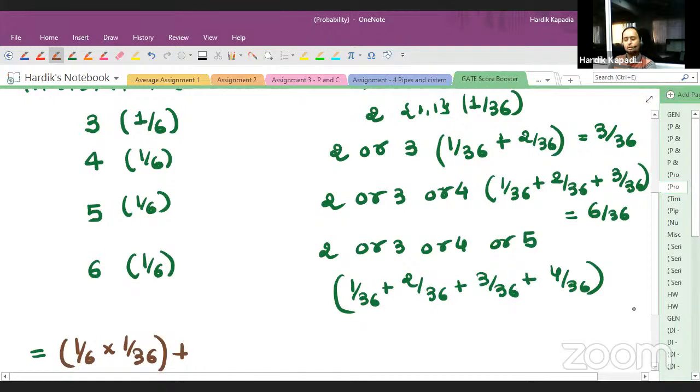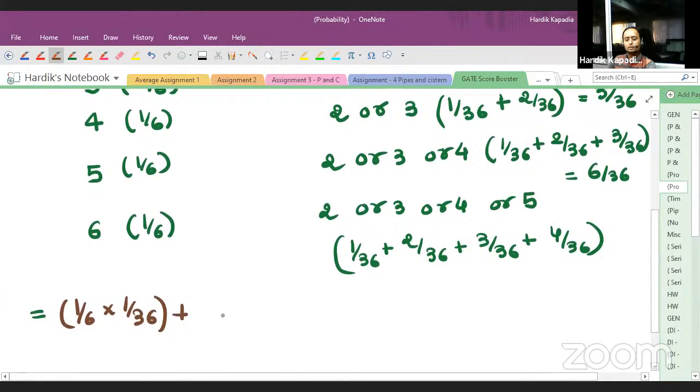Or we'll get 4 over here and 2 or 3 over here. So into 3 by 36 plus 1 by 6, 5 over here and 2 or 3 or 4 over here.